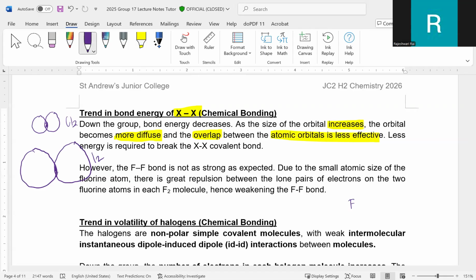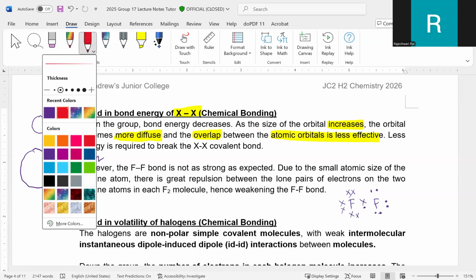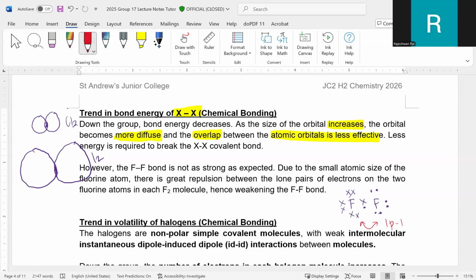So even though I have the overlap happening, the repulsion between the lone pairs here will weaken this FF bond. So if you look at the data booklet, you'll find that fluorine is actually not as strong as we expect it to be. Chlorine will be the stronger bond in the group, and then it goes down to iodine.